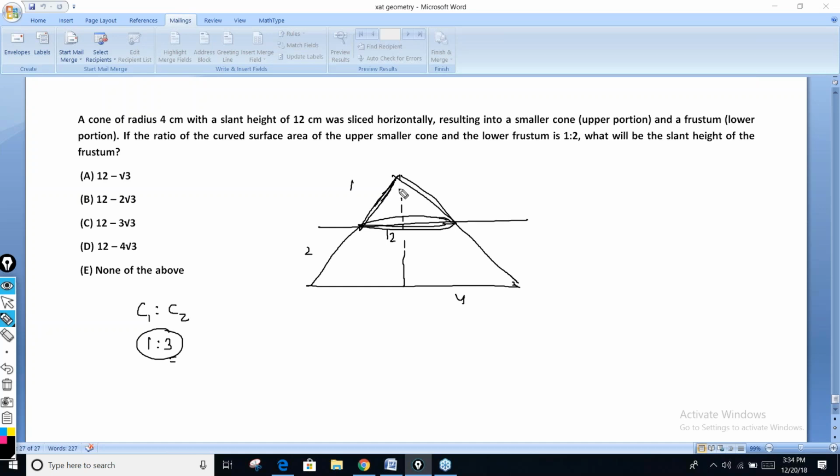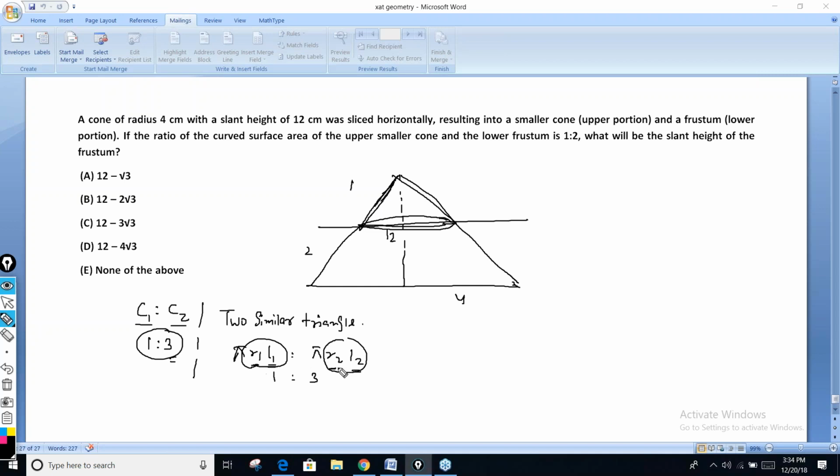This cone and the bigger cone are two similar triangles, kind of. If there are two similar triangles, their every side will be in the same ratio. So if the curved surface area, which is pi r L, is in the ratio of 1 is to 3, can I say radius and slant height will also be in the same ratio?